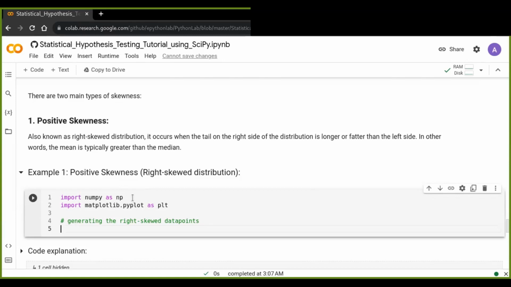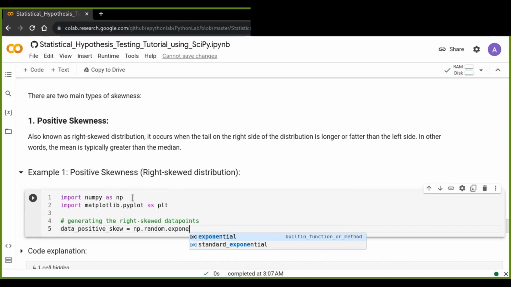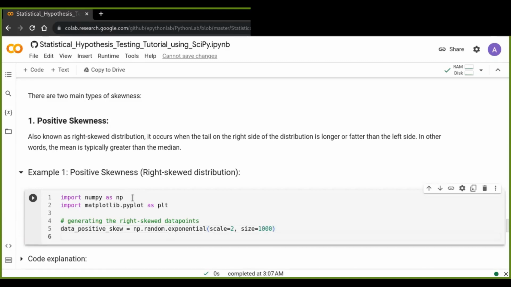Okay, data, and I can use random data. I'm going to create 1,000 data points.